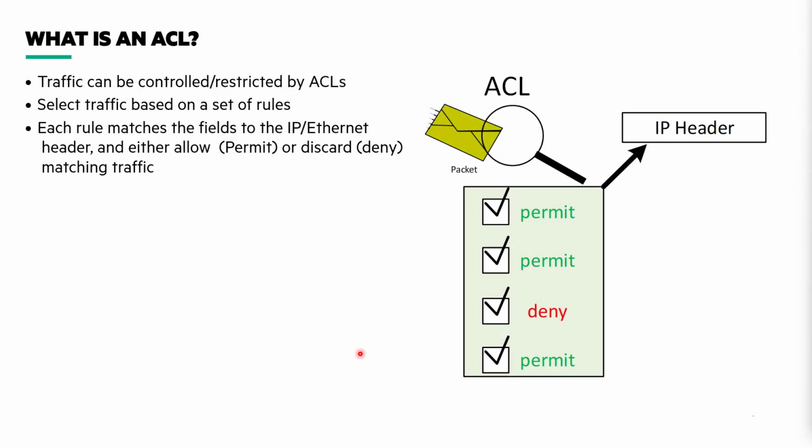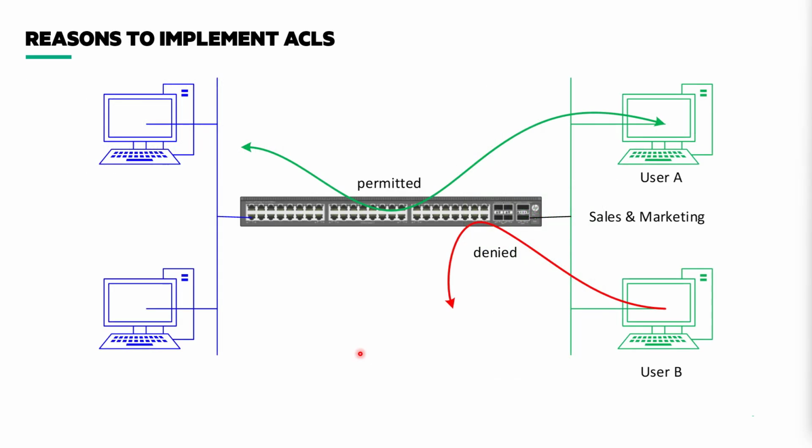So an access control list, as the name indicates, is to be able to control the traffic, either permit or deny, based on certain criteria, and we would like to have more control of our traffic when it ingresses or egresses our network, whether that traffic is switched traffic or routed traffic.